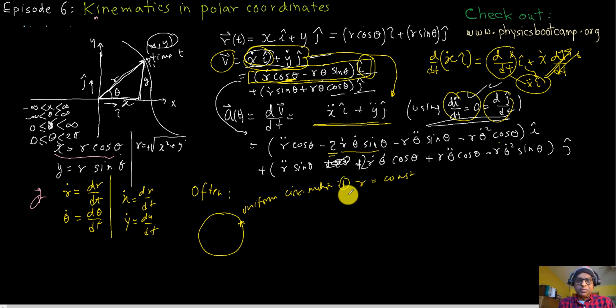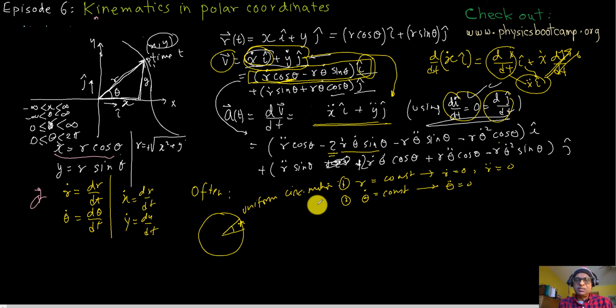That's one case. And the second condition is that theta in equal time is going to move at the same pace. It's like theta dot equals constant. So this will mean r dot is 0 and r double dot is 0. And this will mean theta double dot is 0.